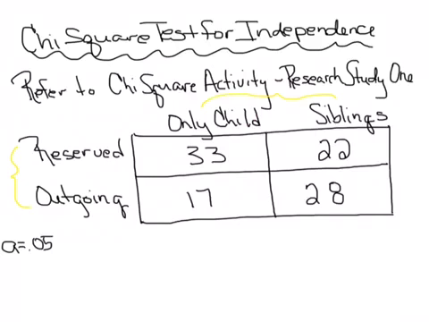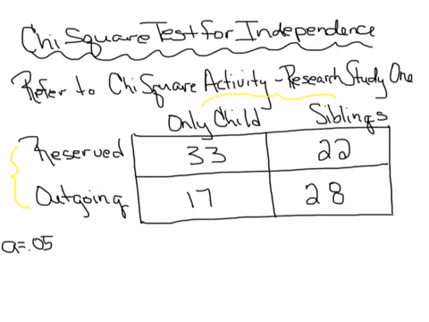And then it gives you information you have to piece together. It says a sample of 100 participants is obtained. So you know out of the entire study there's 100 participants. There's 50 only child participants and 50 people who have one or more siblings.